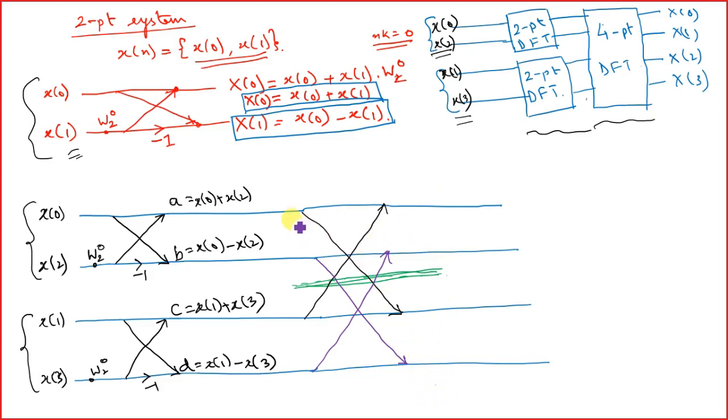Then from the first point among the points above the green line, I will transfer the signal to the first point among the points below the green line, and then from the second point to the second point, and again from the lower second point to the upper second point.